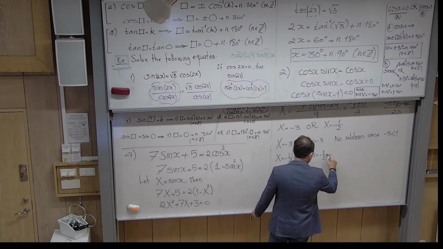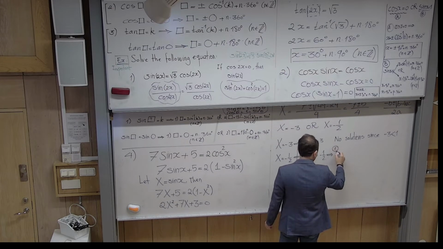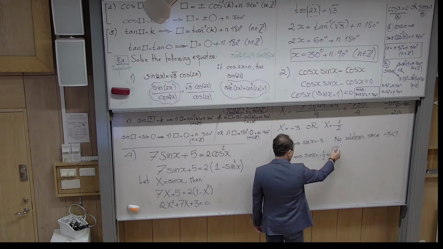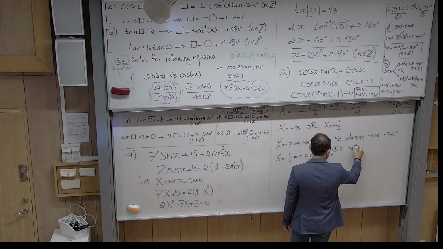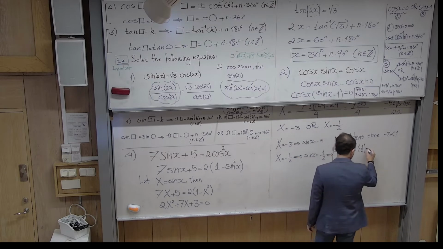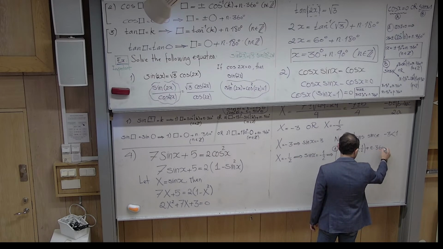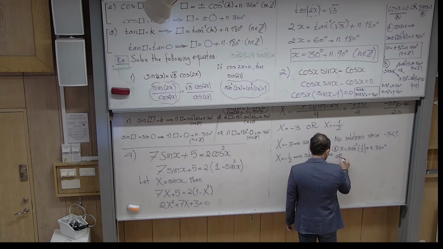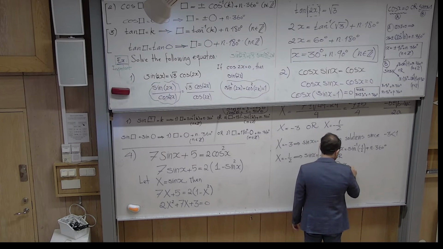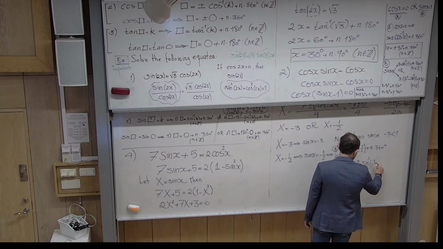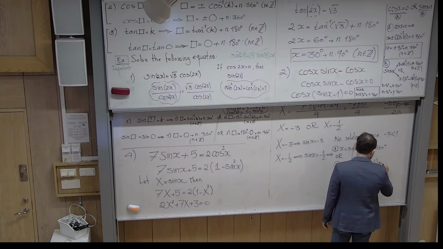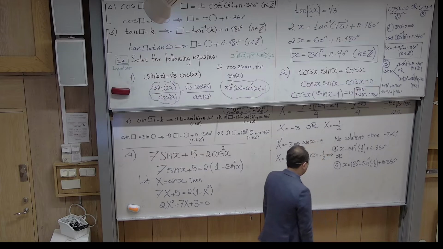Therefore, one possibility is to write what? x is equal to sine inverse of minus a half plus n times 360 degrees, or number 2, x is 180 minus sine inverse of minus a half plus n times 360 degrees. Again, the same story.